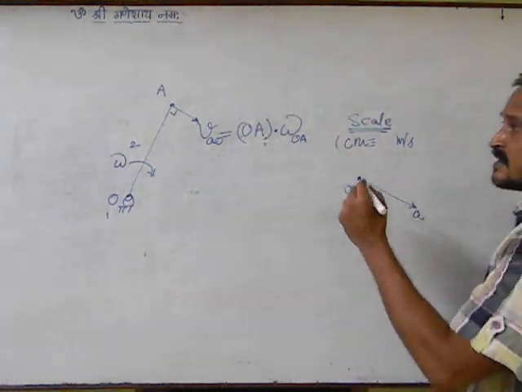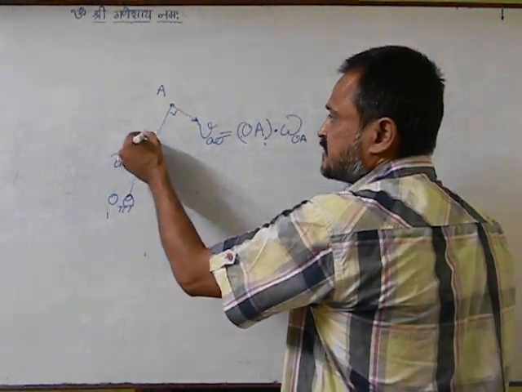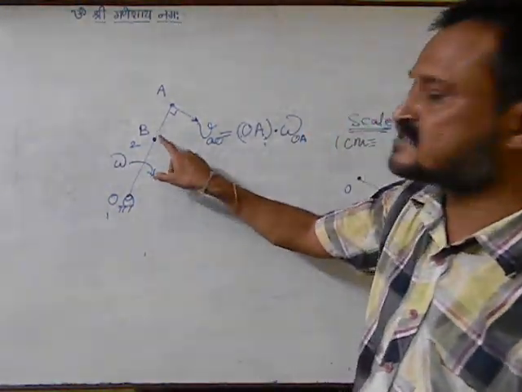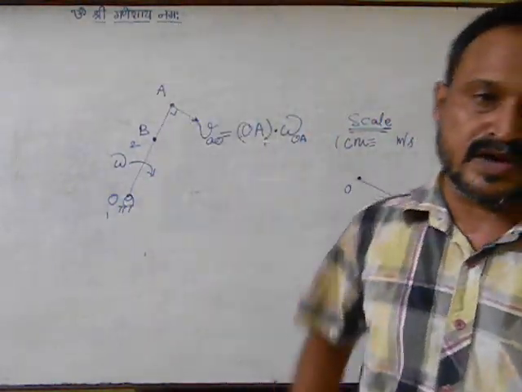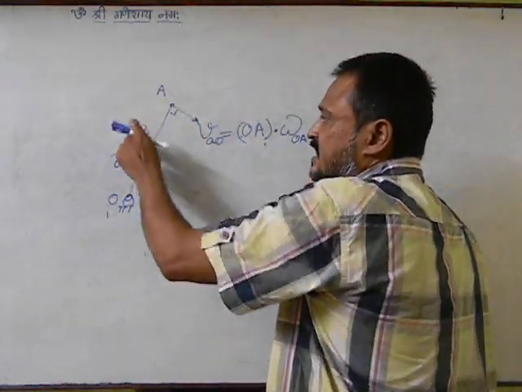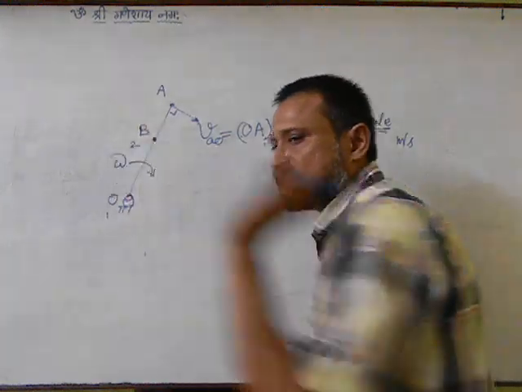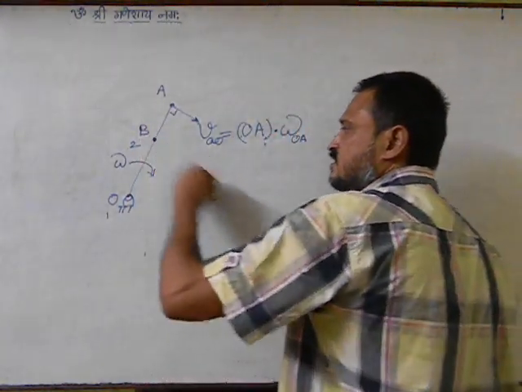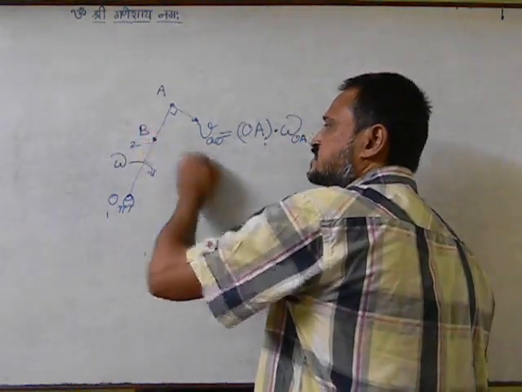Now if I consider some other point, maybe somewhere here. As I have told you, B is a point on the same link OA. Now if it is so, then both A and B are rotating at the same angular velocity, right? So the velocity of B is also in the same sense.